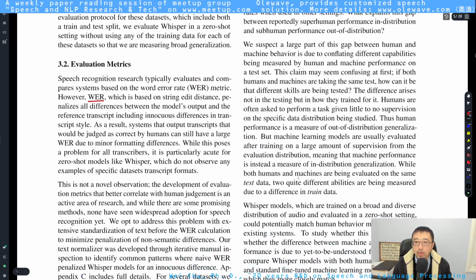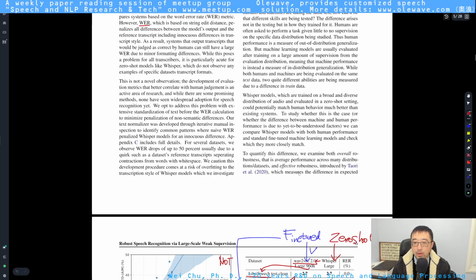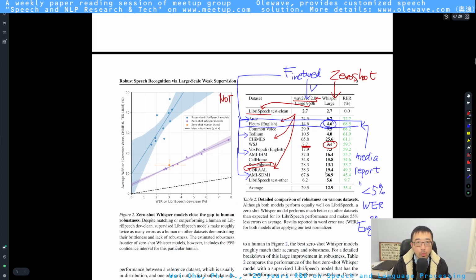Regarding English speech recognition, in the media report of OpenAI, or the public relations report by themselves, they claim that they have a 5% or less than 5% word error rate on English speech recognition.